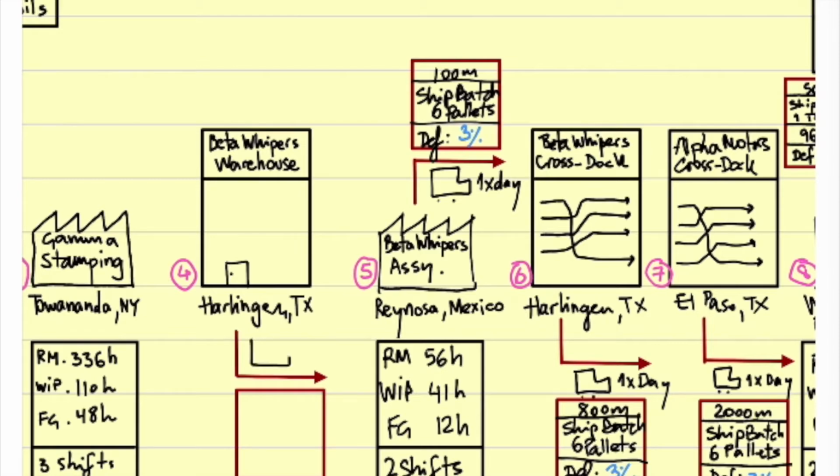What happens with quality when you increase or decrease the frequency from once a day to 5 times a year? Because 5 times a year is only one special delivery.